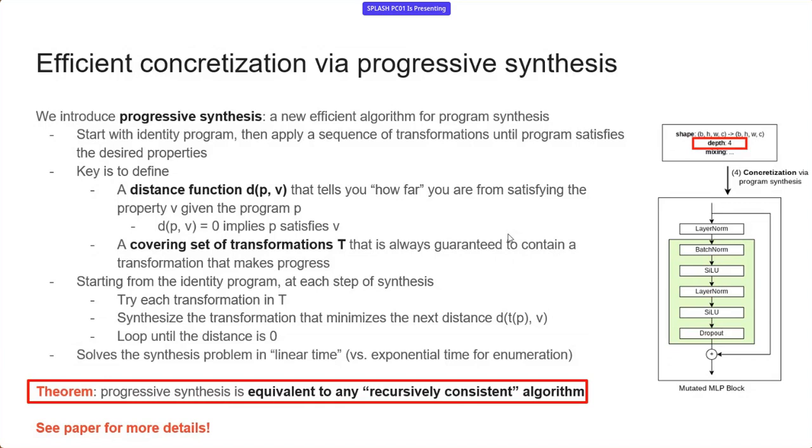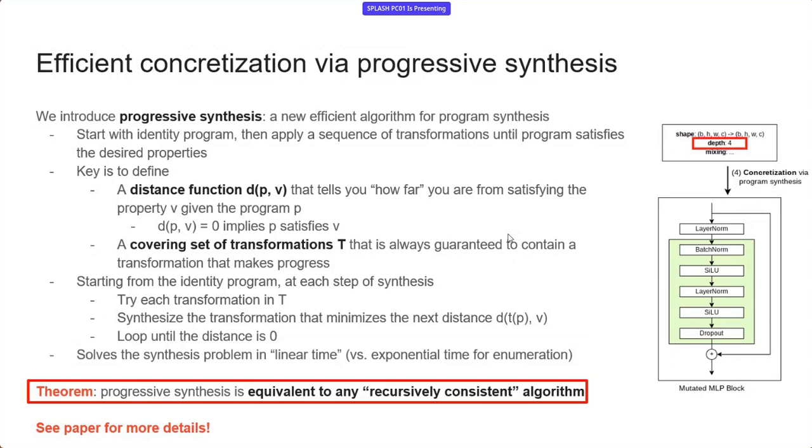So if you can solve the problem via recursively consistent means, then you can find this distance function and the covering set and apply progressive synthesis and get polynomial time synthesis. And what I mean by recursive consistency is that the algorithm doesn't have to write down the entire solution in one go. So there are some natural stopping points along the way from which you can go to sleep, come back, and still be efficient from that starting point.